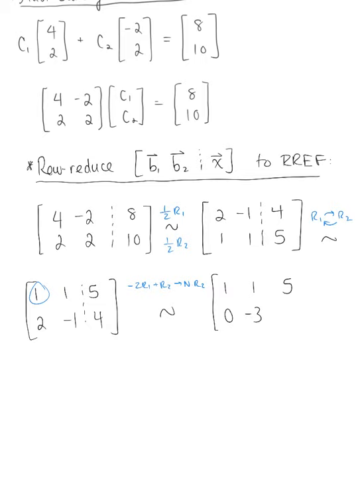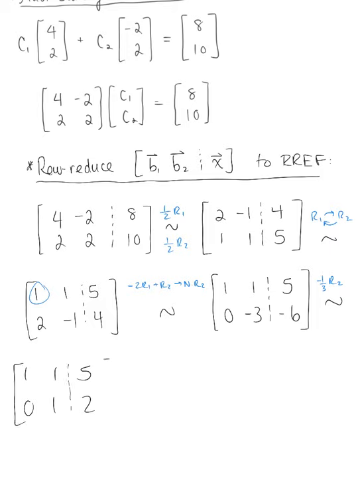And then negative 2 times 5 is negative 10. Plus 4 leaves us with negative 6. And we can simplify that second row here. We could multiply our second row by a scalar of negative 1/3, which leaves us with the augmented matrix 1, 1, 5, 0, 1, 2.